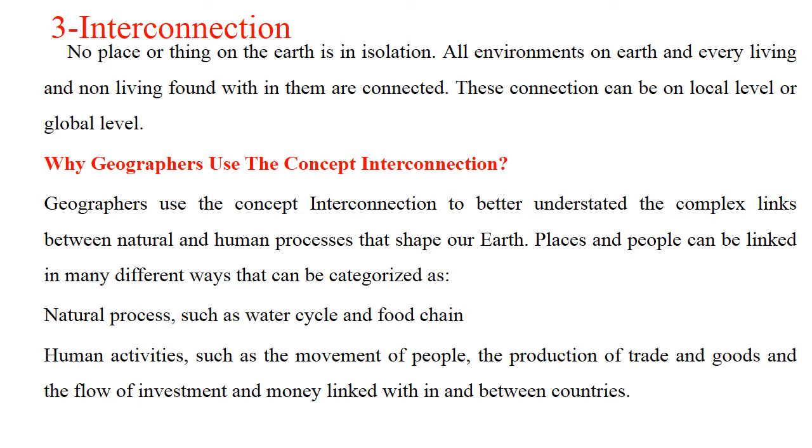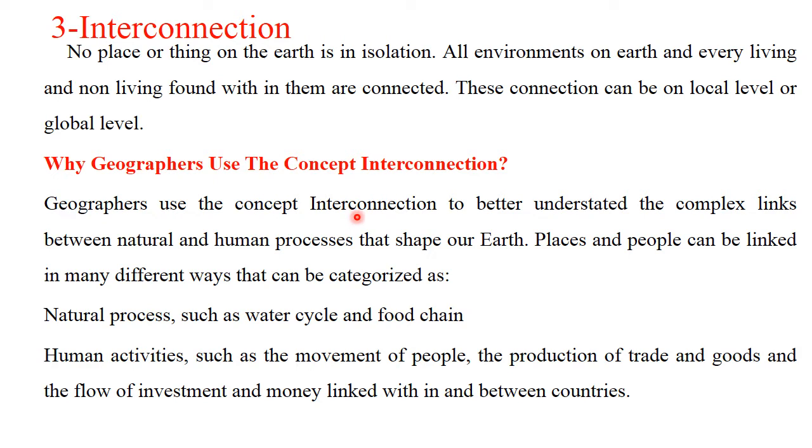Interconnection. No place or thing on the earth is in isolation. It means everything which is found on the earth is interconnected directly or indirectly with other things. All environments on earth and every living and non-living thing found within them are connected. These connections can be at a local level or global.